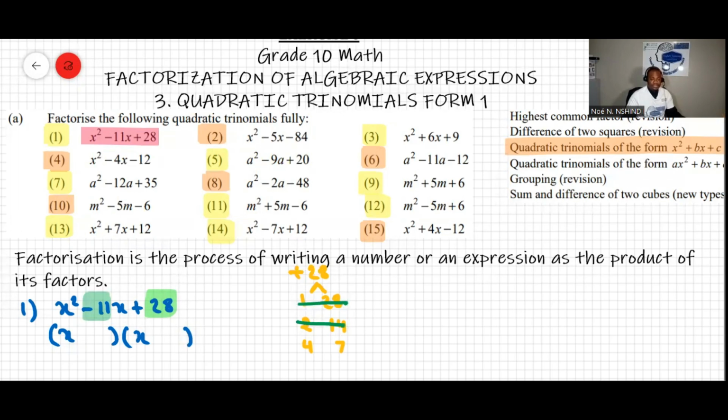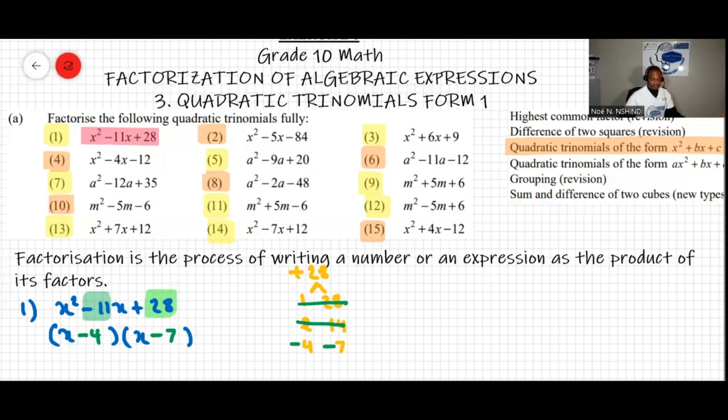This can generate negative 11 if we have a negative 4 and a negative 7, because minus 4 minus 7 will be negative 11. So here I can just place in negative 4 and negative 7. Now we can say we fully factorize.